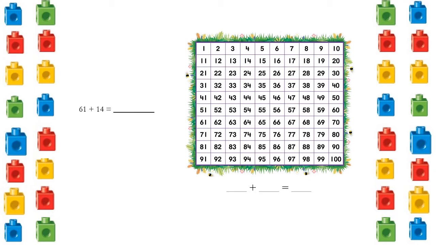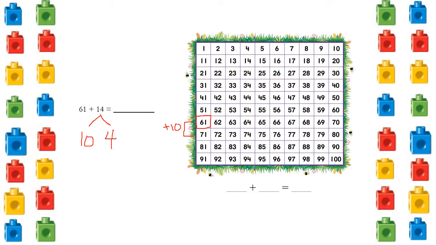Okay, let's try another one. Here we have 61 plus 14. Let's find 61. It's right here. And let's break up this 14. We want to break it up into a 10 and something else. Okay, 10 plus 4 equals 14. So 61 plus 10 means we're just going to go down one row.